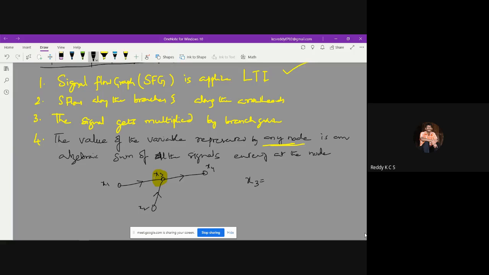If I want to find out x3 here, what are the branch gains? Say for example 2, 3 and 4. So x3 can be represented as 2 times x1 plus 3 times x2.